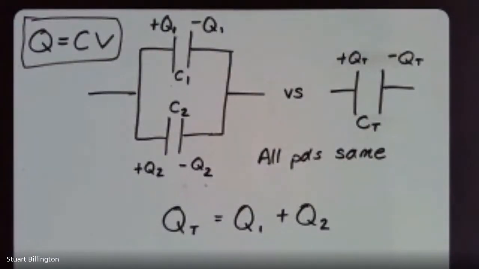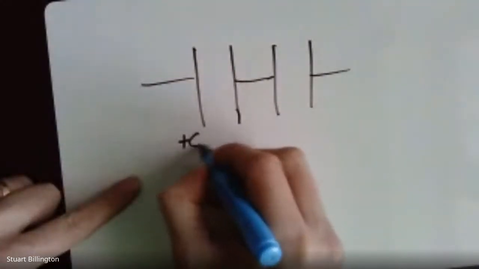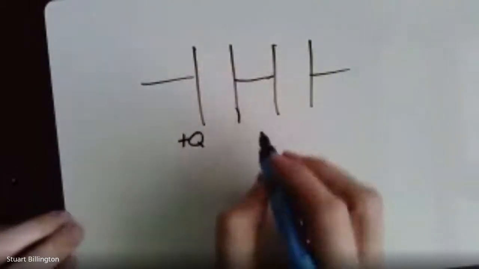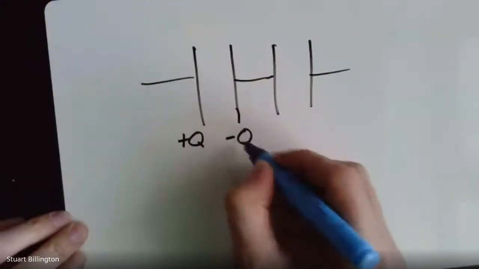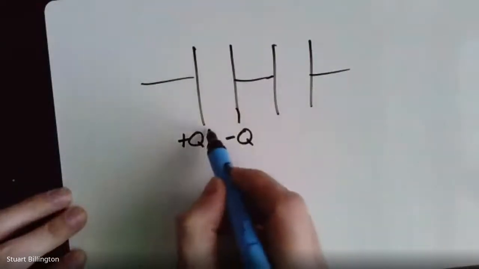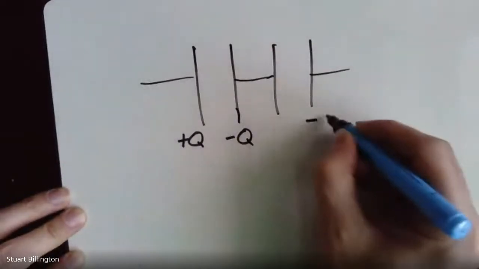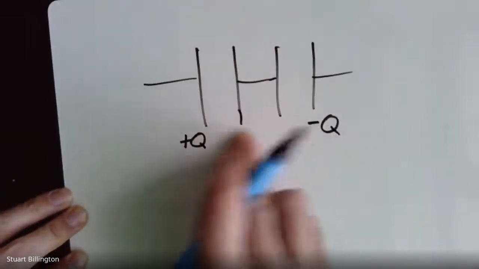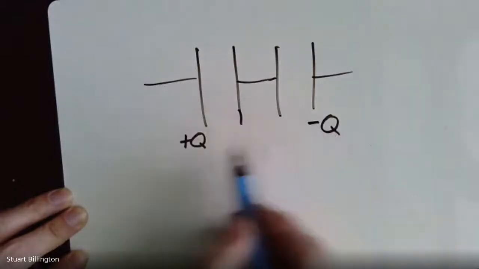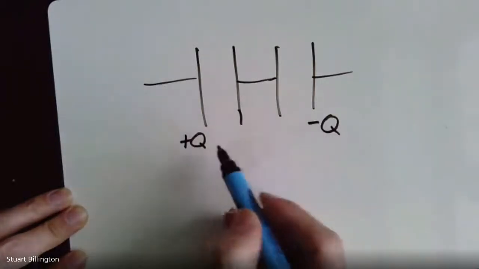Let me just show you that again. When we had them in series, if we were to put some charge on that plate, it's because the Q that matches it, the negative Q, has come from this plate over here. It's still only Q lots of charge.